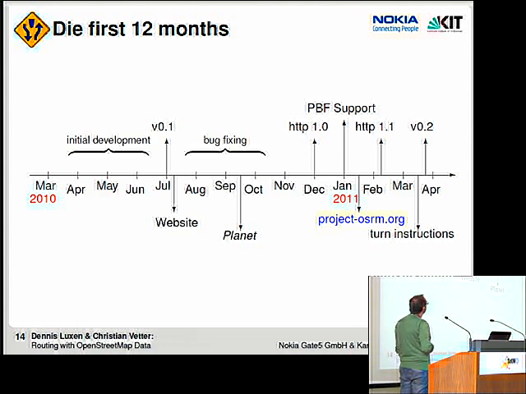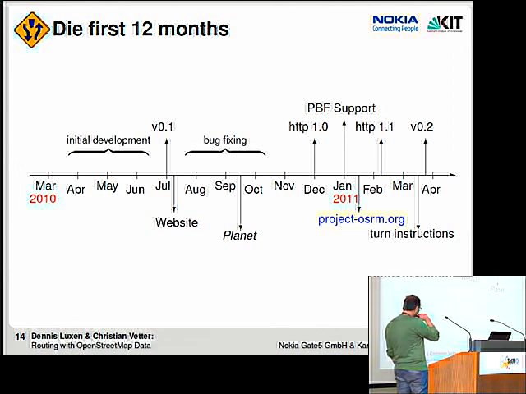This is a slide that shows the first 12 months of development. And this is a typo here. It shouldn't say die, but the first 12 months. That happens when you translate a slide from German to English.